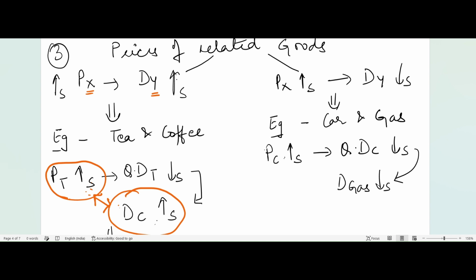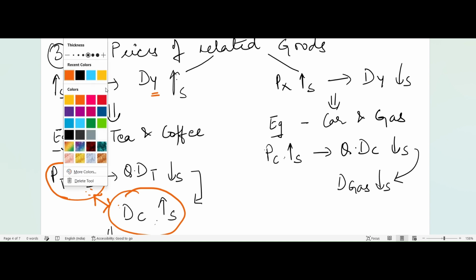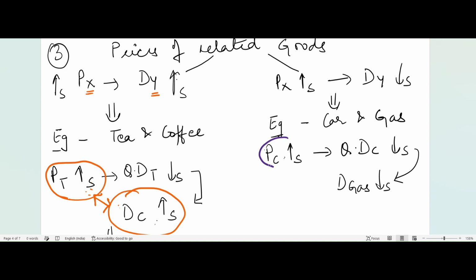So there's an inverse relationship between the price of a car and the demand for gas. This is what we are looking at: the price of one good and the demand for the other good. Here they have an inverse relationship.